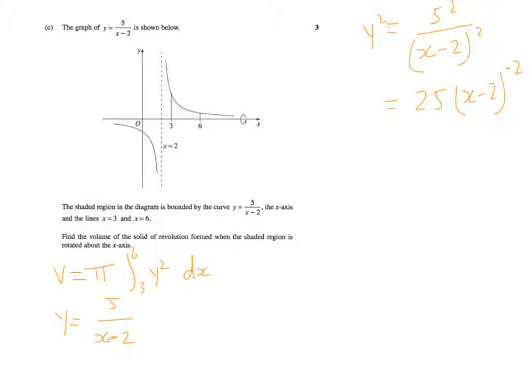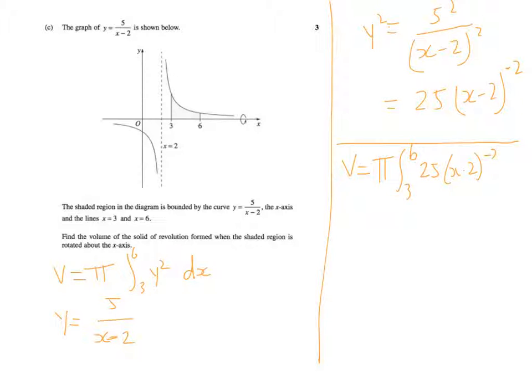So therefore my volume is going to be pi between 6 and 3 of 25 x minus 2 to the negative 2 with respect to x. Okay, let's go and find that primitive there.